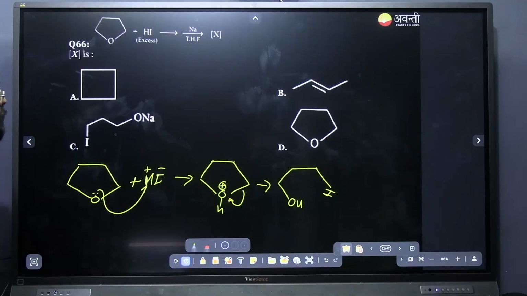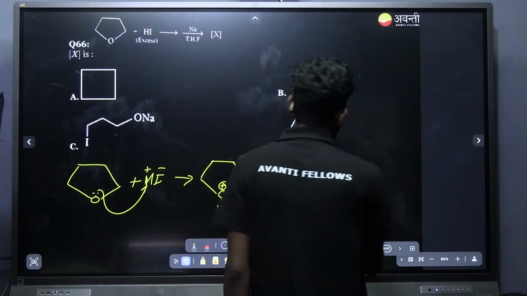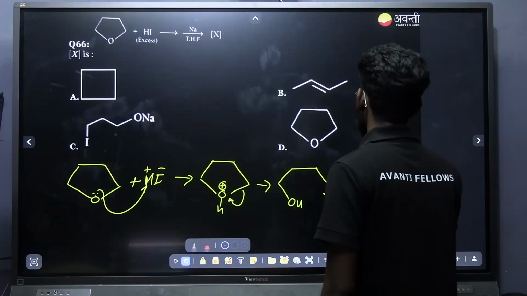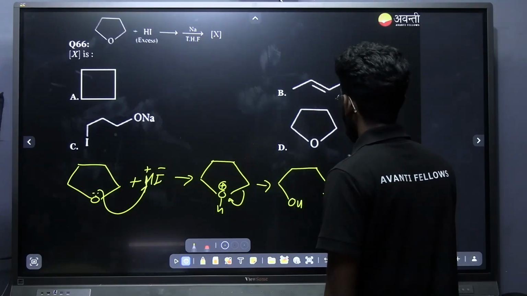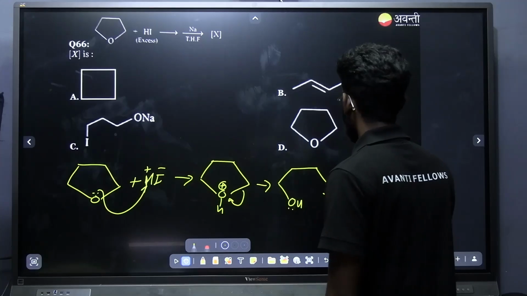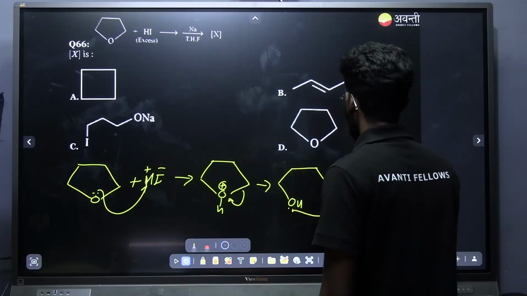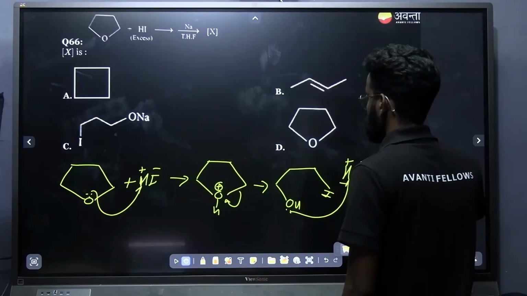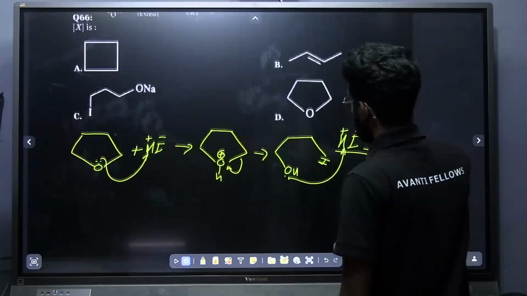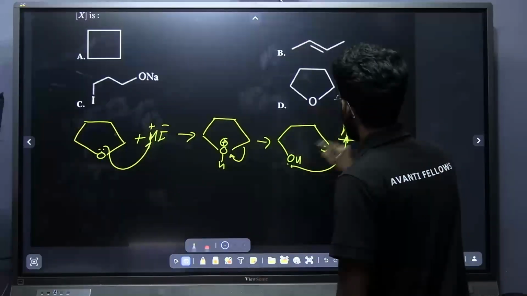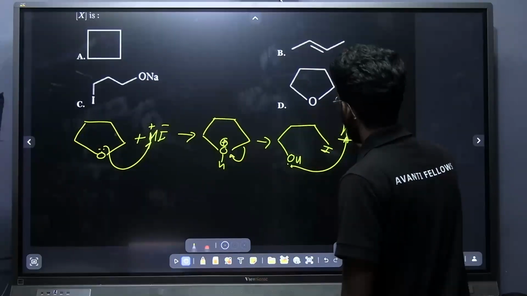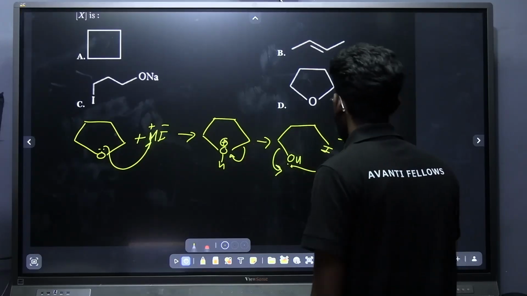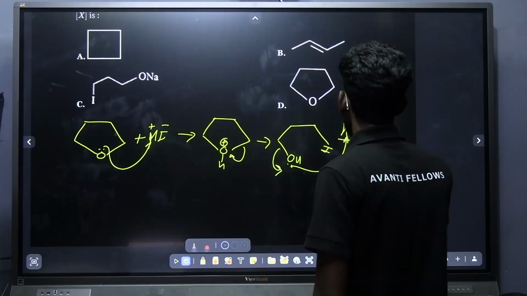Okay, now what is the next step? Here in the solution it is mentioned that there is excess of hydrogen iodide. Now again this hydrogen will be attacking on the lone pair of oxygen. What is going to happen? Which will result in the elimination of water. This lone pair of electrons of oxygen will be attacking on H plus, which will result in the elimination of water, that is minus H2O.